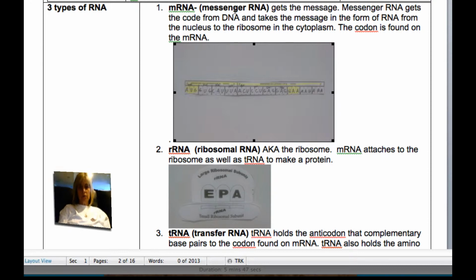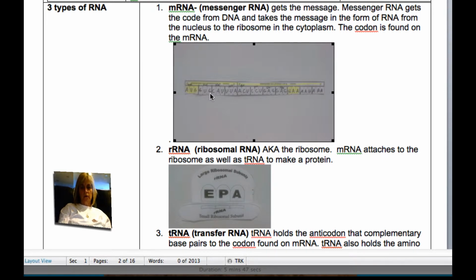Messenger RNA's job is to get the message. It gets the code from DNA and takes that message in the form of RNA from the nucleus to the ribosome in the cytoplasm. Every 3 nucleotides is a codon, so you can see AUG is one codon, GUG is a codon.